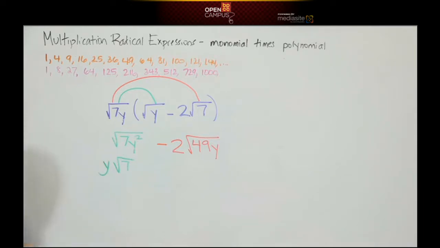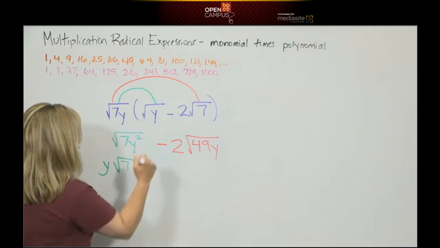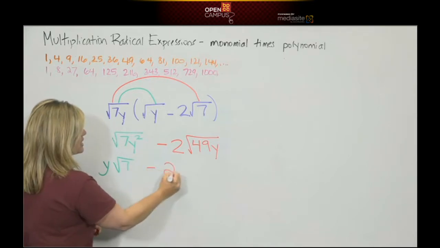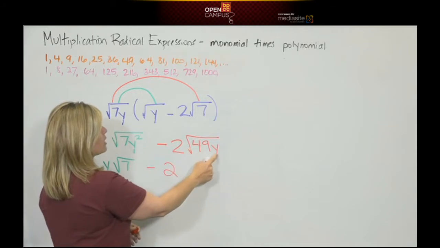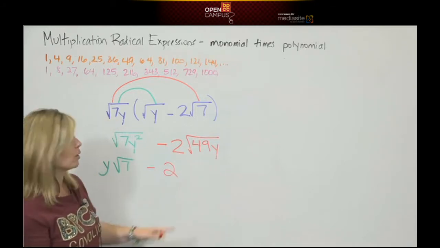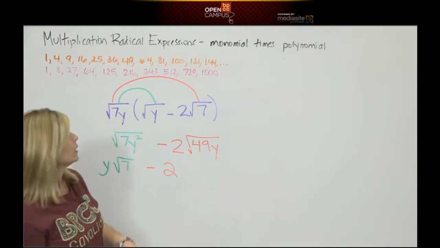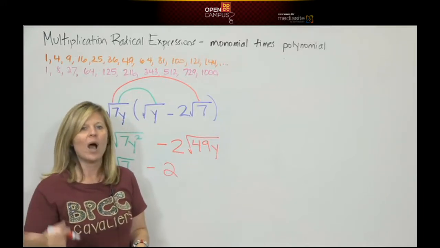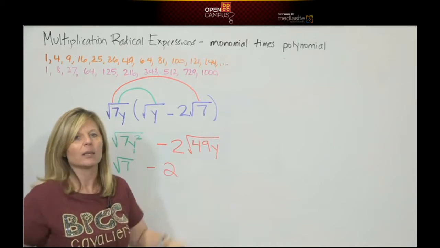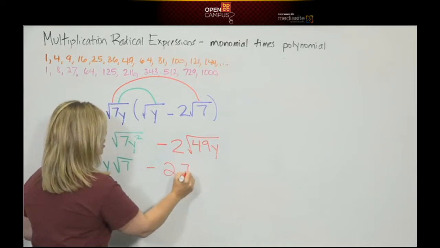All right? Let's go to the next term. We're going to leave the minus 2 because it's not in a square root symbol. There's nothing we can do with it. We're square rooting 49y. So we start with the number. Can we square root 49? Well, 49 is a perfect square, so we know that answer. What times itself is 49? 7. So a 7 comes out.